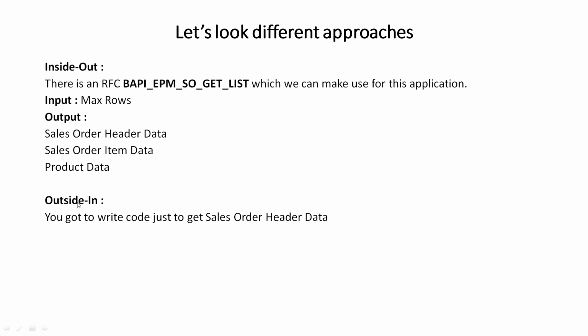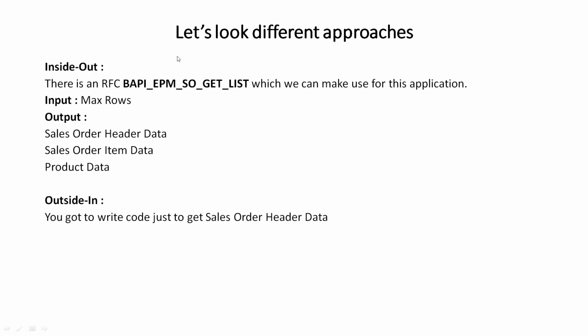In the outside in approach, we looked at this function module, but when we request the sales order header data, this function module does extra logic to give us sales order item data and the product data, which we don't want. Since it is doing all this extra logic, it is going to take extra time to process our request.